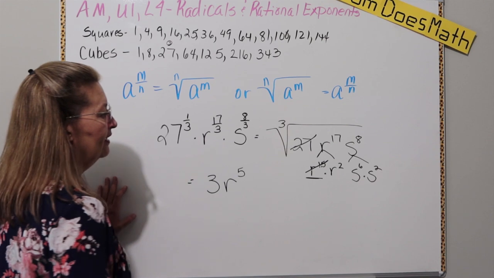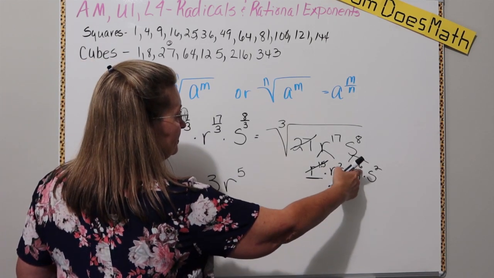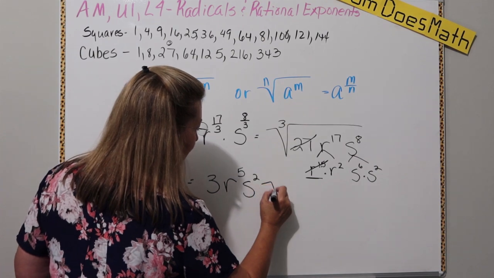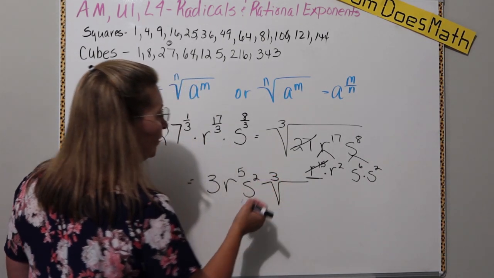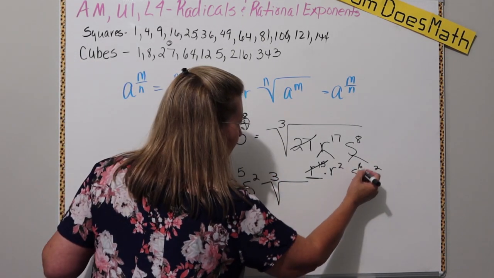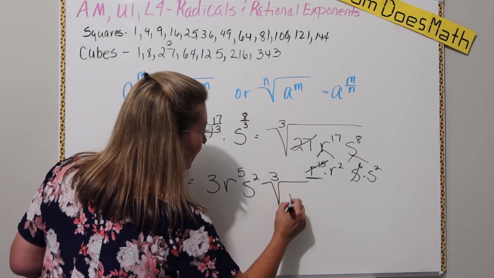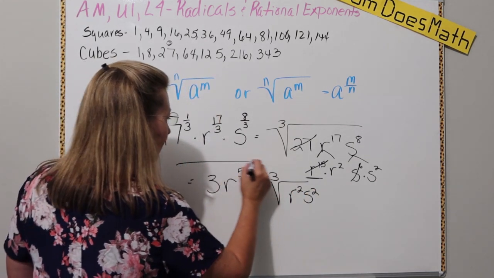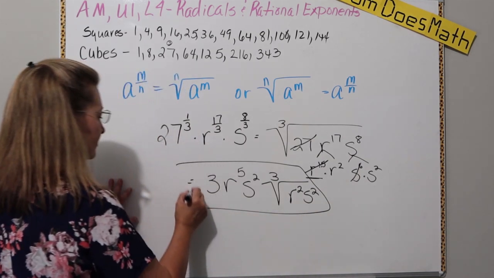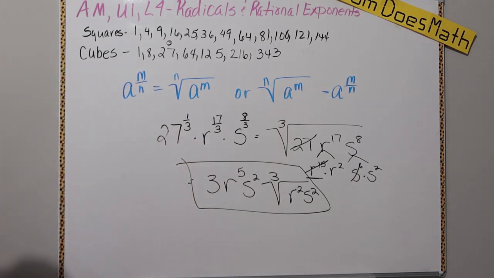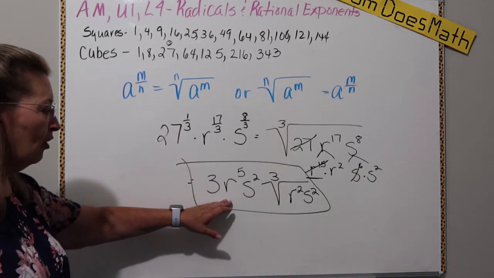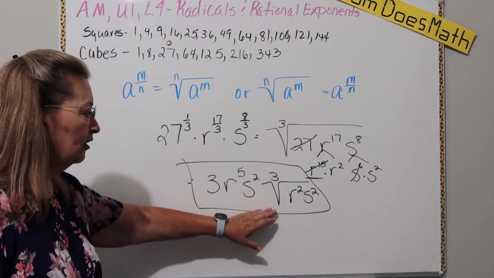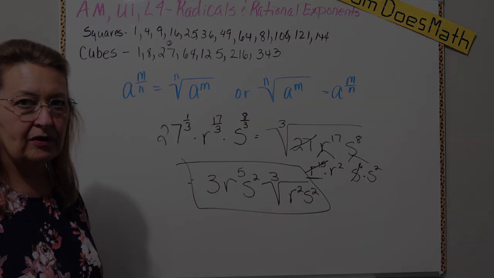And S to the 6, 6 divided by 3 is S to the 2nd. Now, let's see what we have left under the cube root. We have R to the 2nd, S to the 2nd. And as strange as it looks, that's going to be your final answer: 3, R to the 5th, S to the 2nd, times the cube root of R squared, S squared.